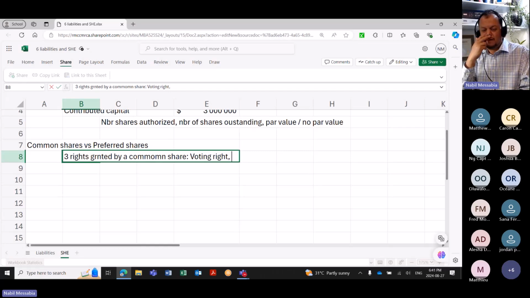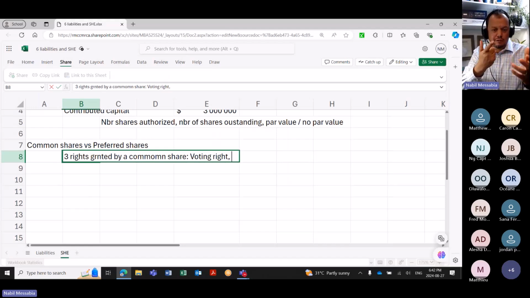But what are the rights granted by the fact that I hold the shares? If you sell it, it is no longer a right, right? You have transferred your right. But what are the rights that are associated with holding the shares? As a shareholder, as long as I hold the share, I have three rights.